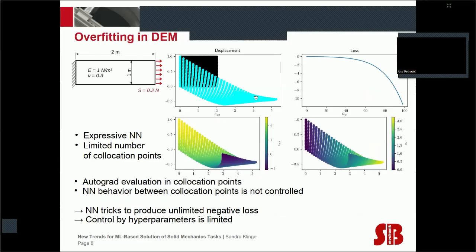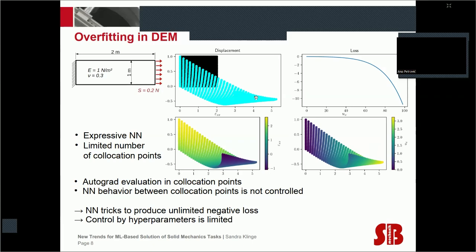However, there were some problems. As most of you know, neural networks are not always able to recognize the physical solution. So in some cases, the neural networks offer some completely unexpected possibilities. And one other disadvantage is, for example, that it tries to produce unlimited negative loss.